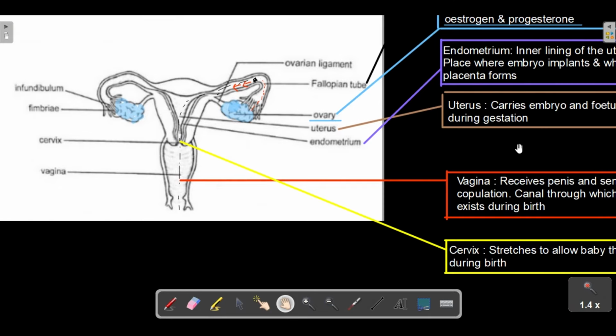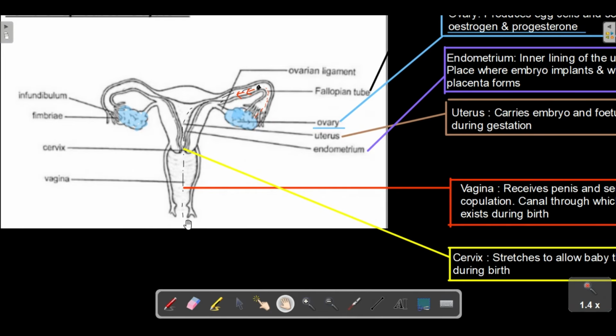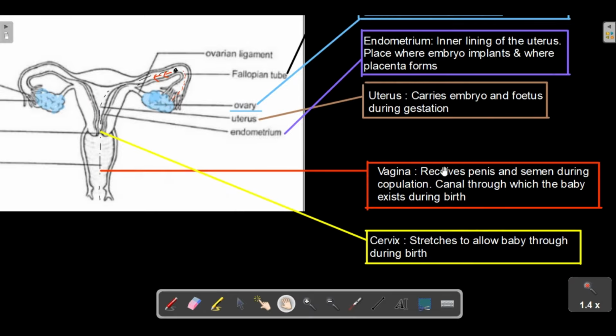Let's take a look at other structures then. We have the vagina. The vagina simply receives the penis and semen during copulation. Copulation is really a fancy word for sexual intercourse. So it receives that semen, which includes sperm cells, and that is its function.